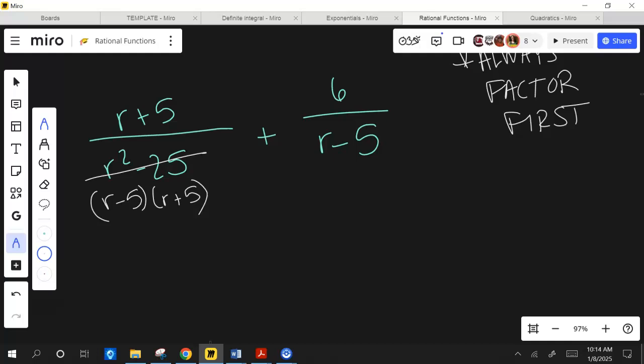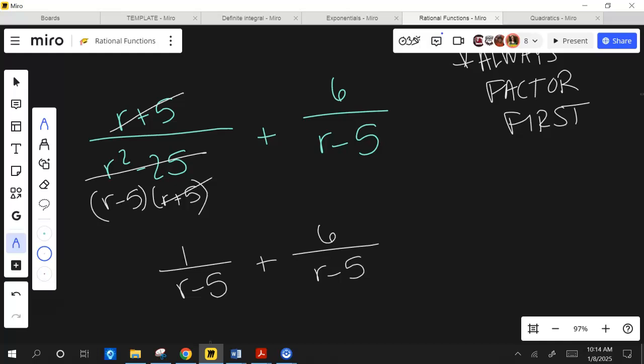Why was that convenient? So my problem now becomes, what's my first fraction look like now? Okay, this is nice. Why? They have the same denominator.